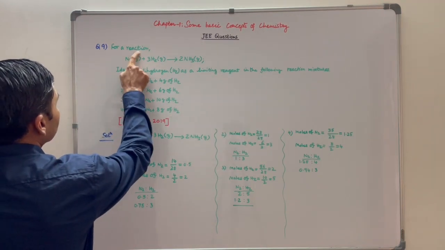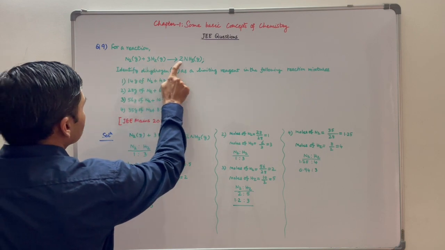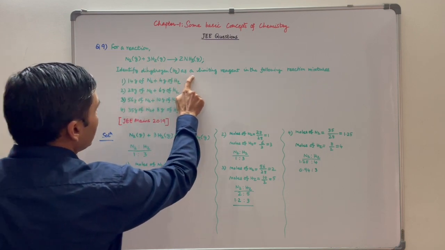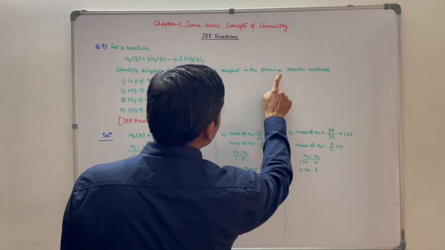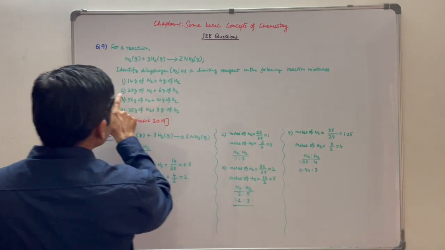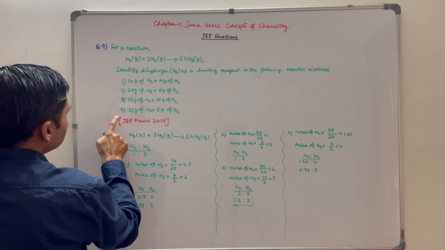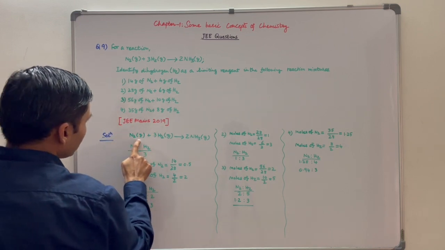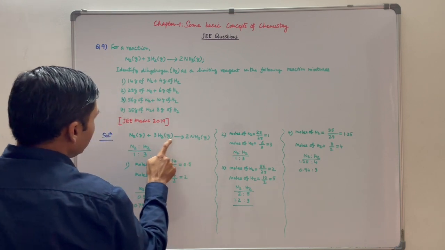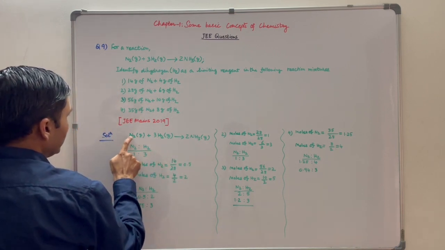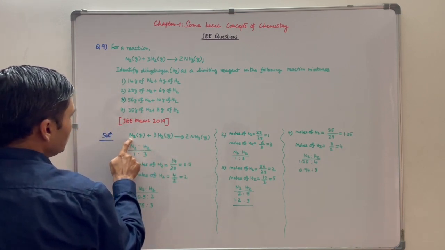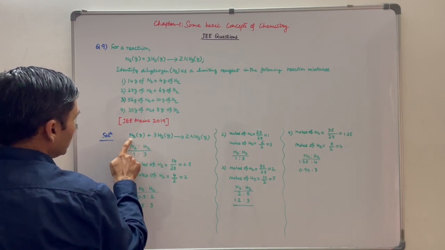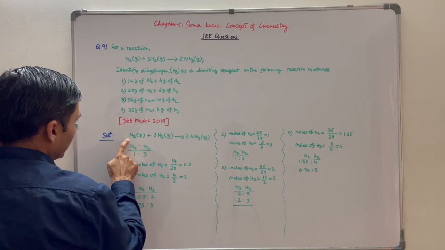Ninth question: for a reaction N2 plus 3H2 makes 2NH3, identify dihydrogen H2 as a limiting reagent in the following reaction mixtures. These are the options given. This question appeared in JEE Mains 2019. It is clear from this equation that in order for H2 and N2 to get completely consumed in the reaction, the molar ratio of H2 is to N2 should be 3:1.